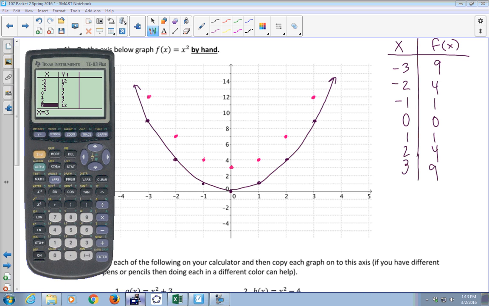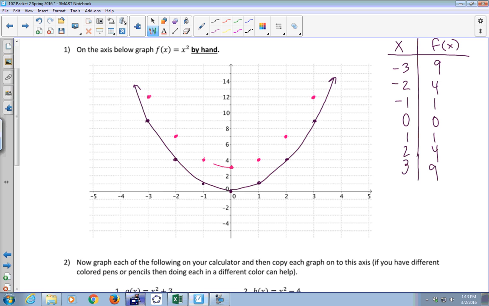And I'm going to connect those with a nice smooth curve. All right, so that in pink, that's g of x equals x squared plus 3. The purple one was the original f of x equals x squared.